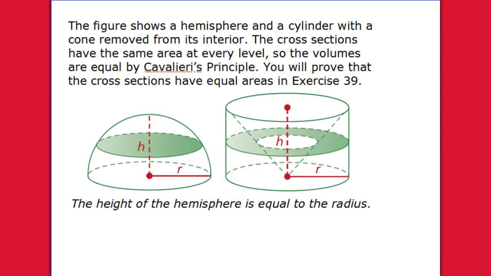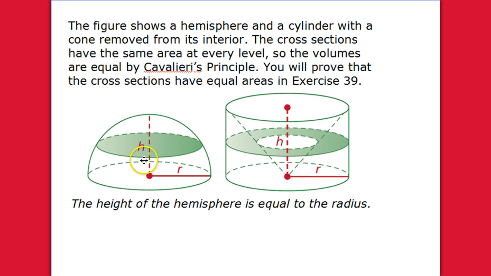And this figure here shows a hemisphere and a cylinder with a cone removed from the interior. So the cross sections have the same area at every level. So the volumes are equal by Cavalieri's principle.